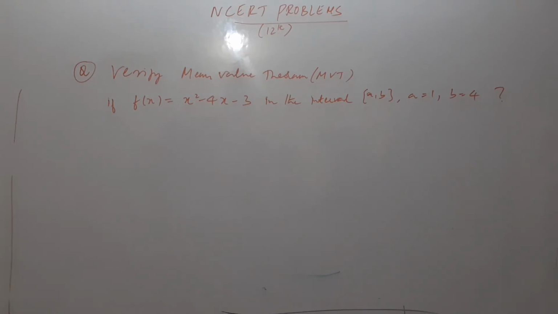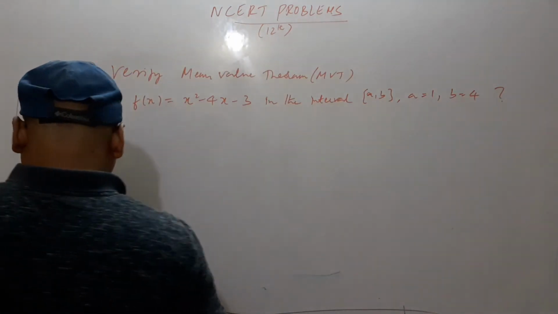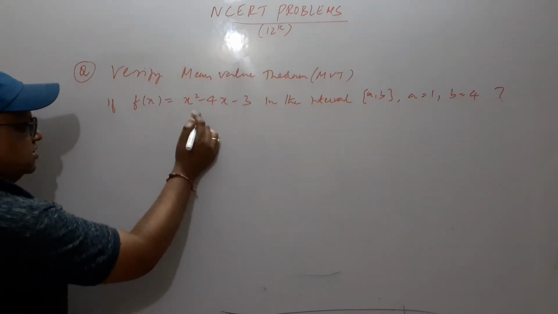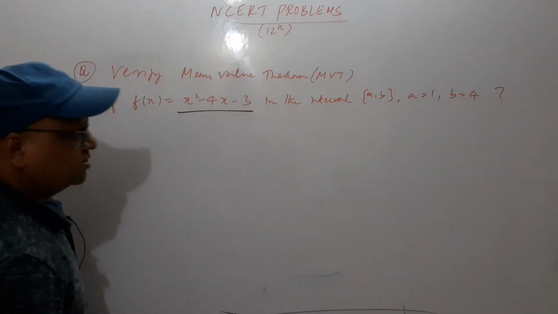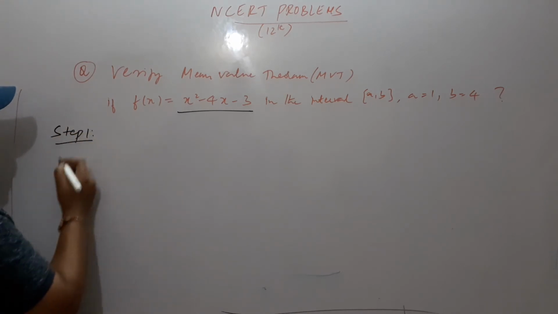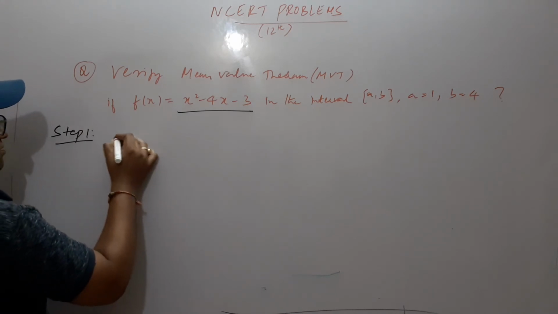Okay, take down the problem, students. Verify MVT, mean value theorem, for the given function. This is the quadratic function. So we will write the step 1. Step 1 will be as it is, what we were writing in the Rolle's theorem.